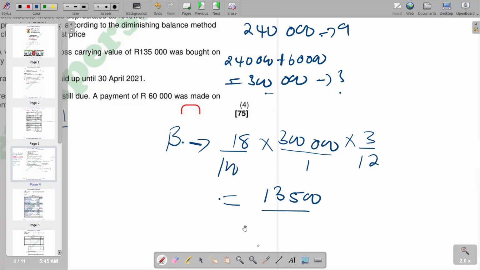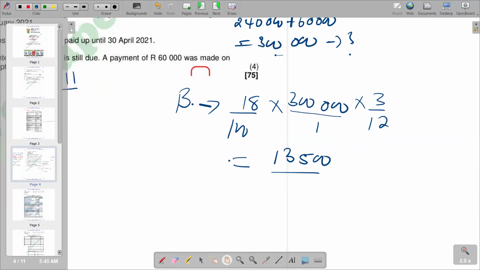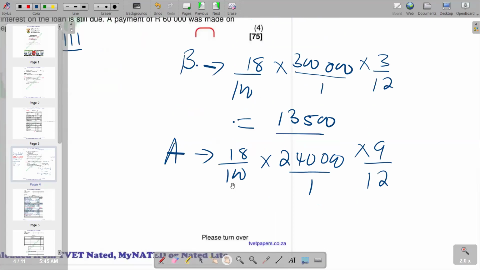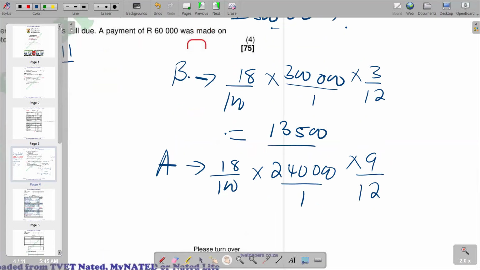Then we check the calculation after payment. The percentage is the same, 18 over 100, multiplied by 240,000 after the payment, times 9 over 12. Then from there we can find the correct answer, which is supposed to be 32,400.